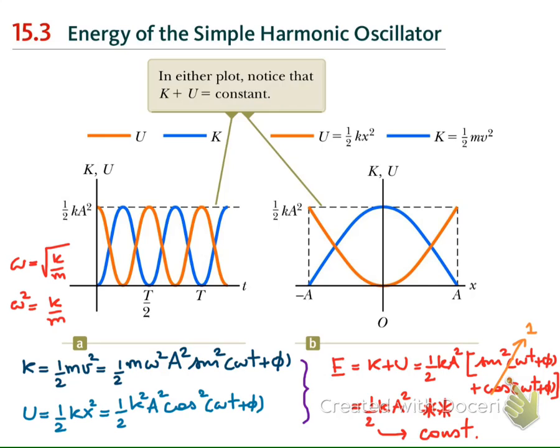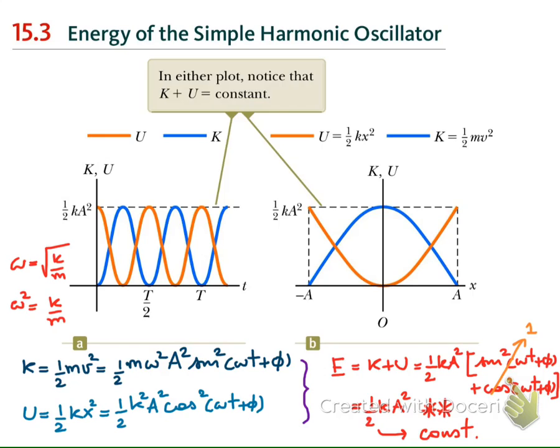So it means that the total energy of the system will not change in time. And we can see this here, that E is equal to half of k A squared. k is a constant, A is a constant. So the total energy of the system is a constant, and it is conserved. Okay.